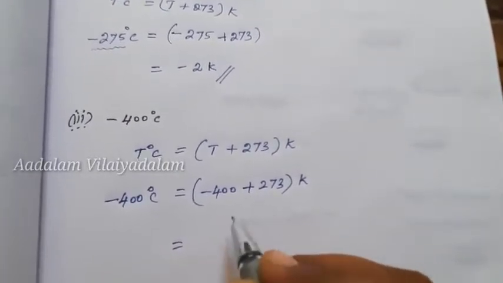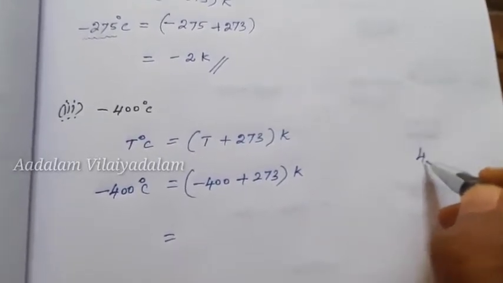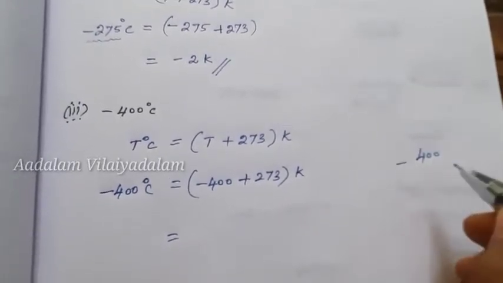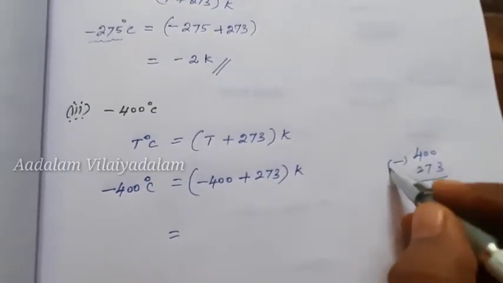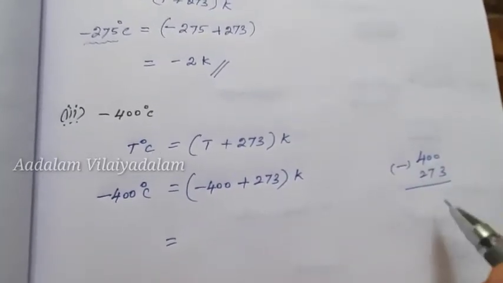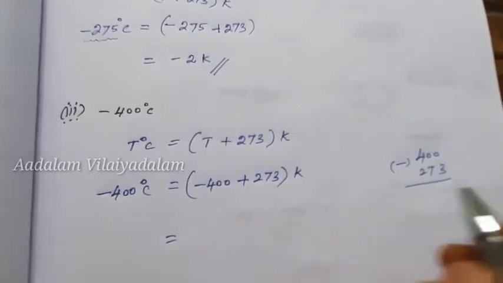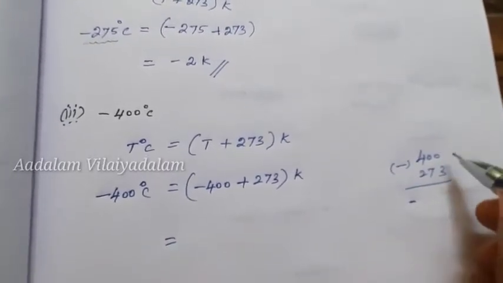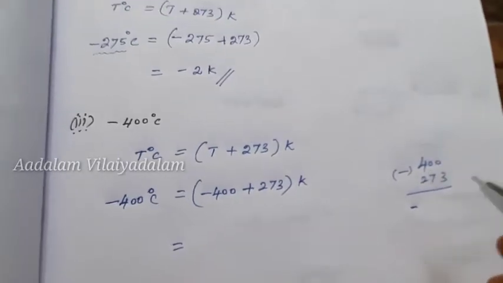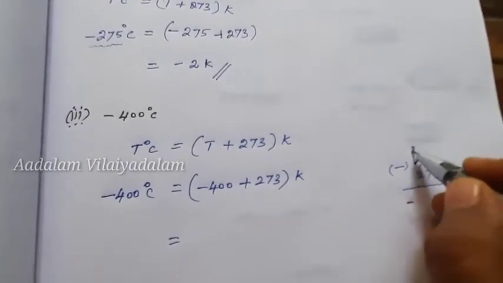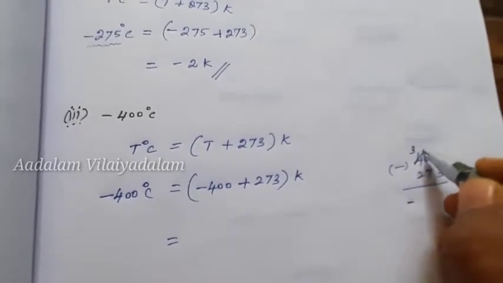Now there are different signs. Therefore, we need to do the subtraction. Minus 400 and 273. Just do the subtraction and put the greater number sign. Here the greater number sign is minus. If we borrow, it is 0, 0. Then here if we borrow this becomes 3 and here it becomes 10.